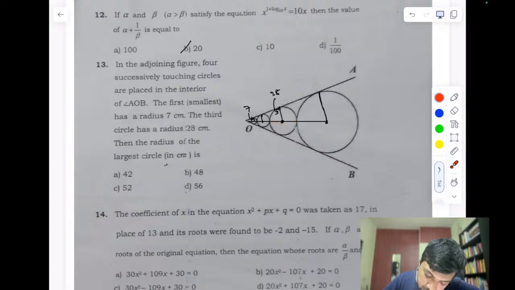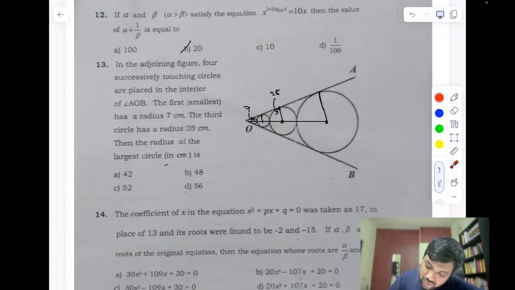If you go from here to here, how much is the radius changing by every time? You should be able to tell, right? Given this is 7 by 28, you can maybe say what happens to the radius. This is radius 7, this is radius 28. What is the in-between radius?